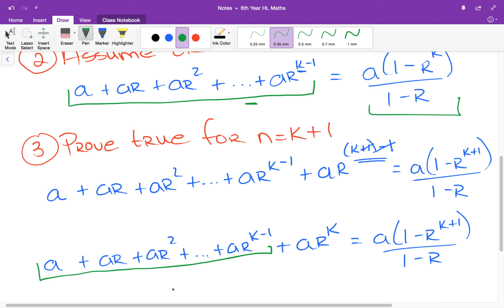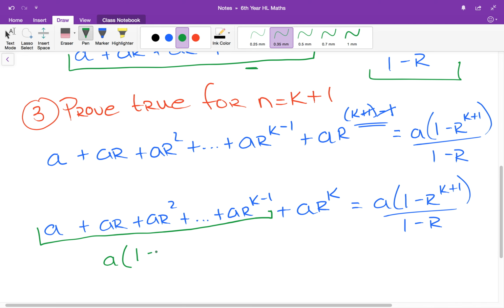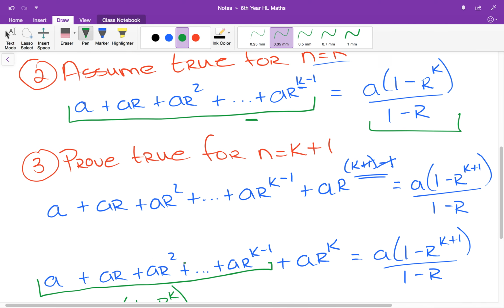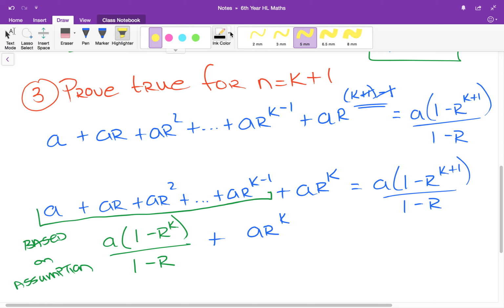So I'm going to replace this with a times 1 minus r to the k over 1 minus r, and that's based on the assumption. And we add on ar to the k.